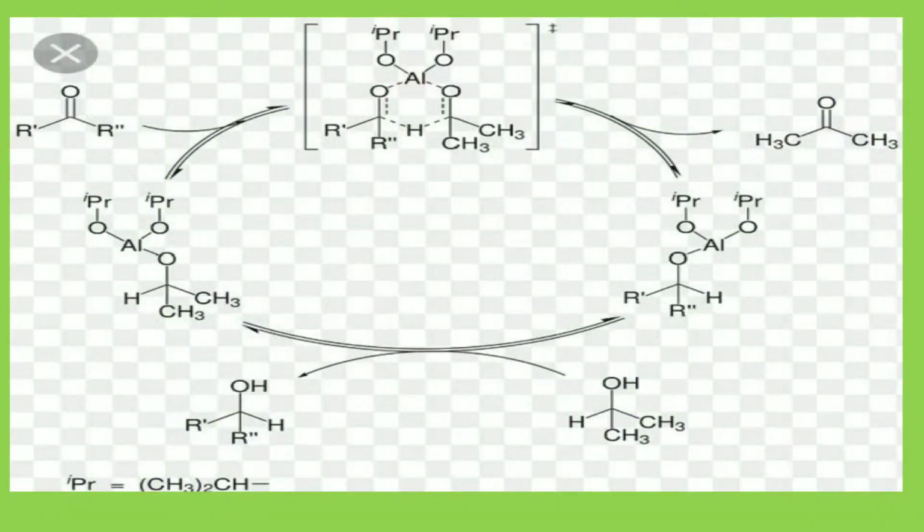Let me explain the mechanism of this. This is the compound aluminum isopropoxide. The ketone attacks this compound, and there is a formation of a structure like this.